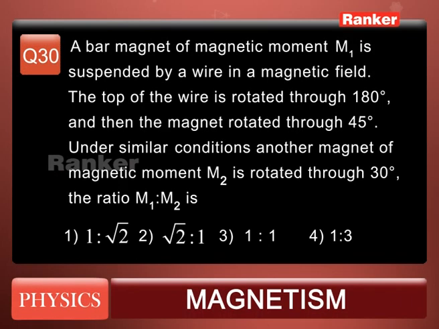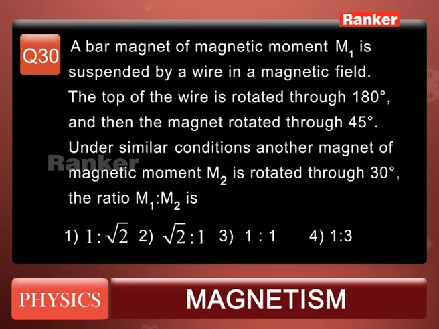Question number 30. A bar magnet of magnetic moment M1 is suspended by a wire in a magnetic field. The top of the wire is rotated through 180 degrees and then the magnet rotates through 45 degrees.